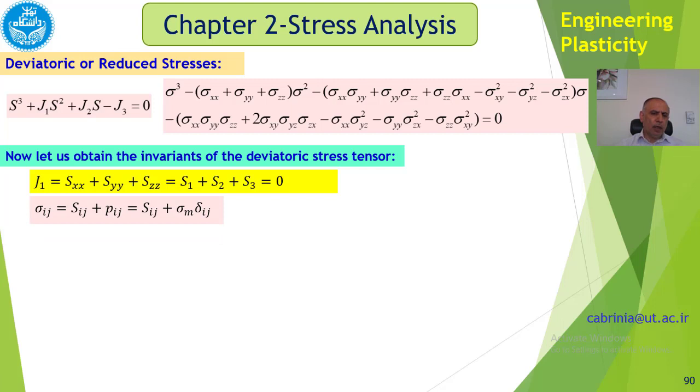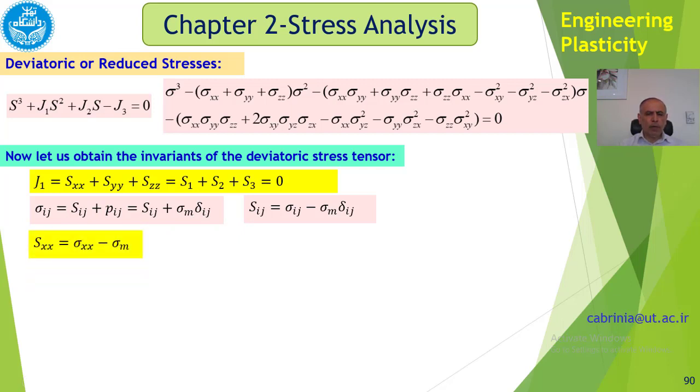So in here, we are going to write down sigma ij equal to S ij plus P ij, and sigma ij plus sigma m delta ij. And S ij, we can show here that S ij is sigma ij minus sigma m delta ij.